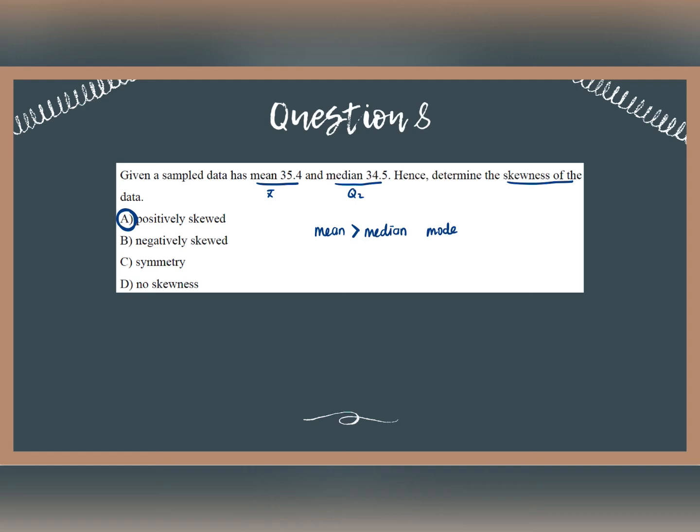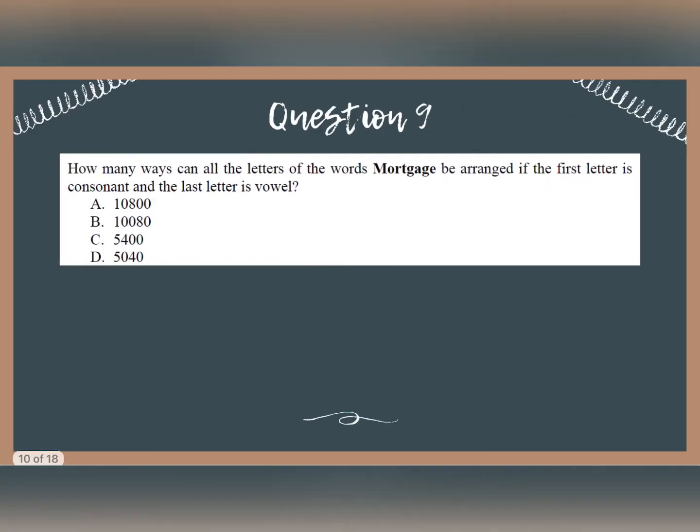Next, kita masuk chapter number 7. So permutation and combination. Okay, so here, how many ways can all the letters of the word mortgage be arranged if the first letter is consonant and the last letter is vowel? Okay, so kat sini mortgage ada berapa consonant, ada berapa vowel.